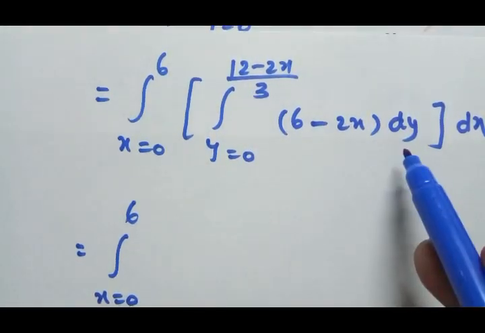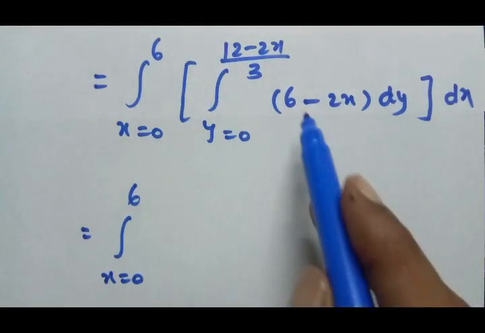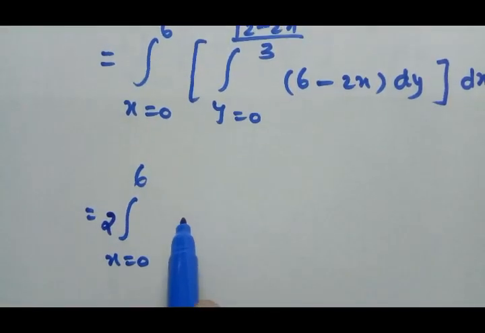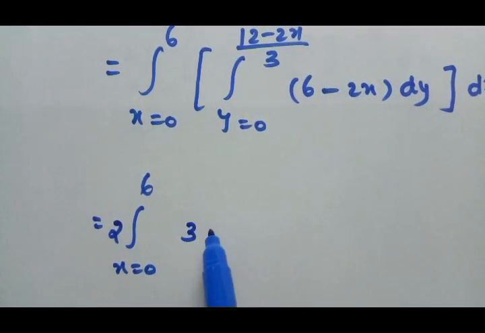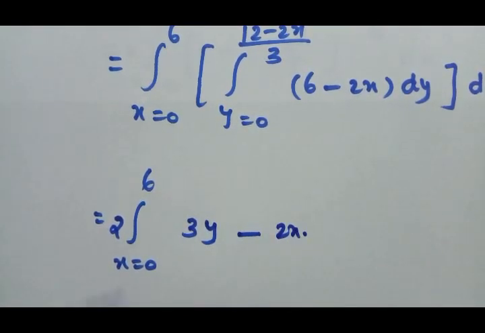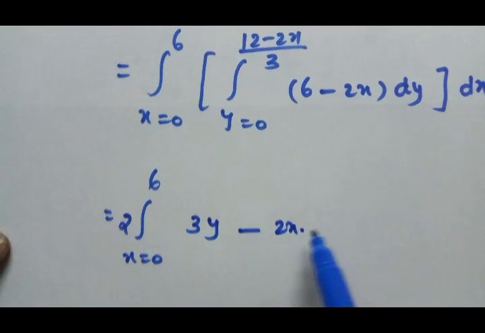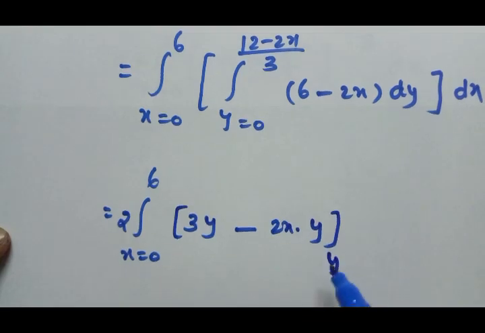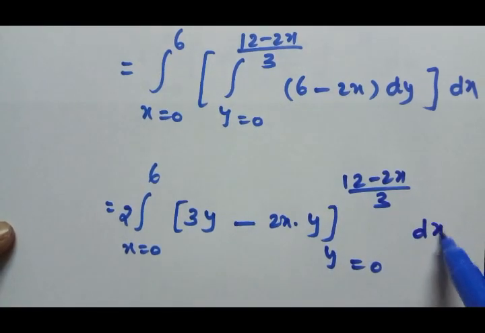Keeping x as a constant, now integrate with respect to y. Here 2 is a common factor. We are taking out 2: 3, integration of 1 with respect to y, that is y, minus 2x is a constant, integration of 1, that is also y. So therefore, limits y equal to 0 to 12 minus 2x by 3 into dx.